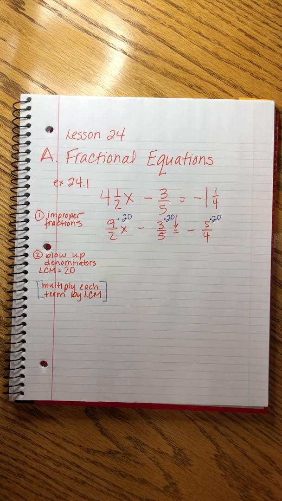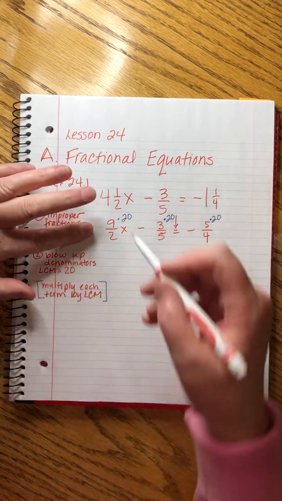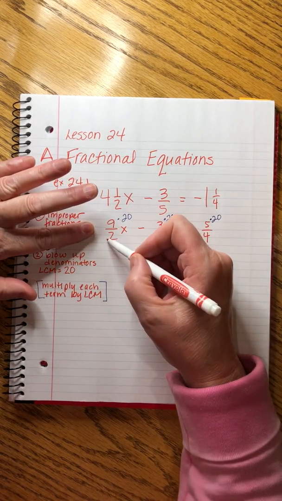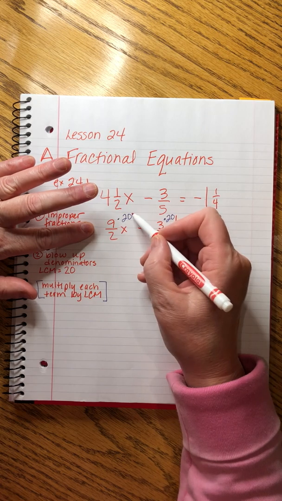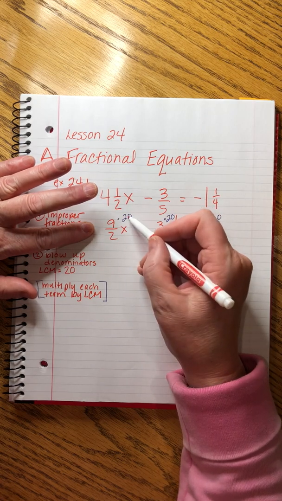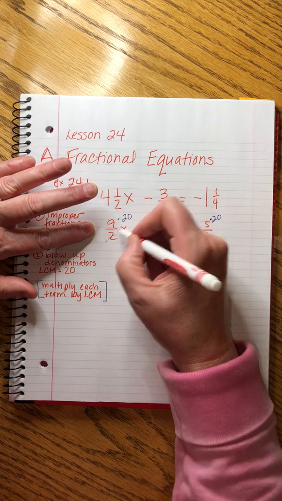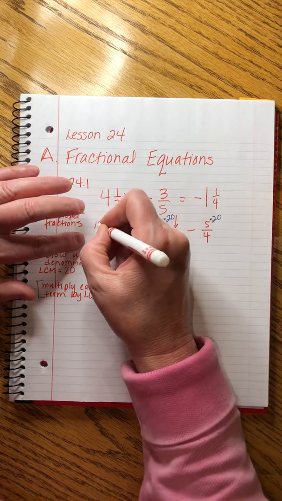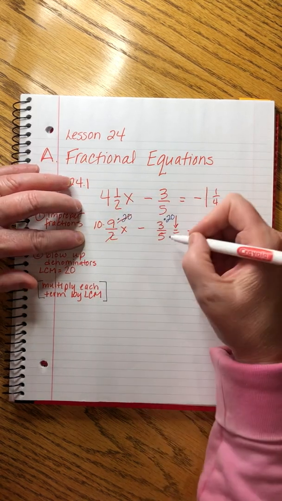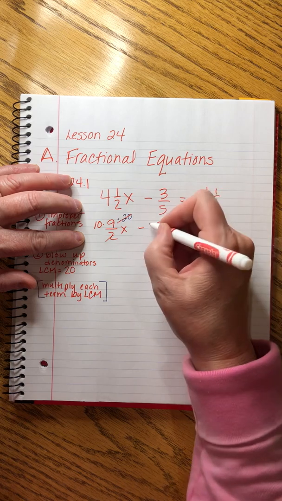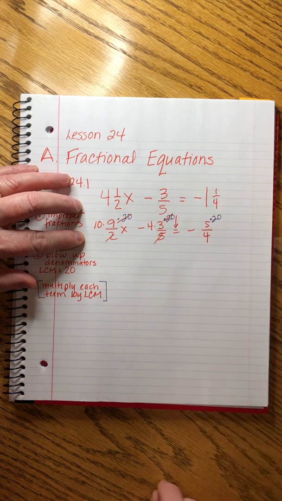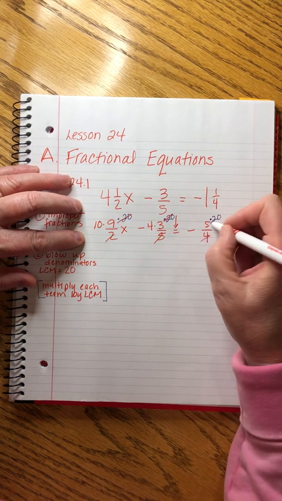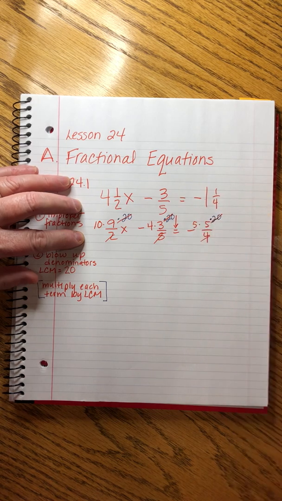And now what we do is when we multiply, we cancel the denominators against this and then multiply what's left against that. So this will cancel and I'll get 10. 5 goes into 20 4 times, so it'll be like that. And then 4 goes into 20 5 times.